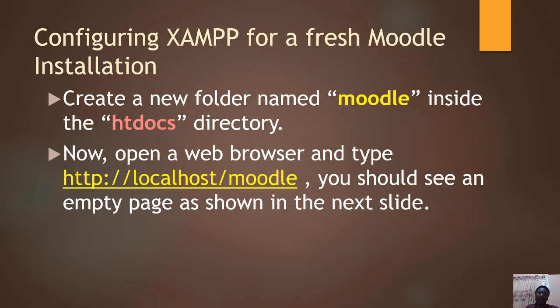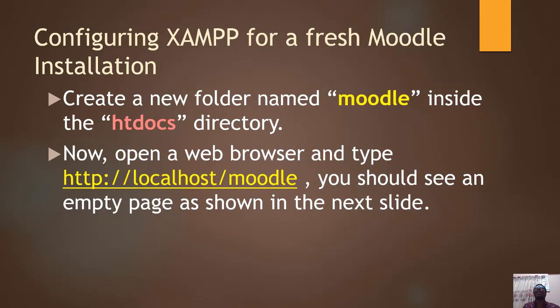All right, so once that step is done, just open up a web browser and type http://localhost/module. Remember, module is the name of the folder we created inside the htdocs. What this URL will do is that by default, Apache has been configured to make the htdocs its server root.